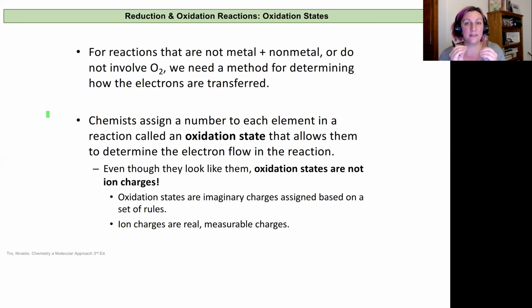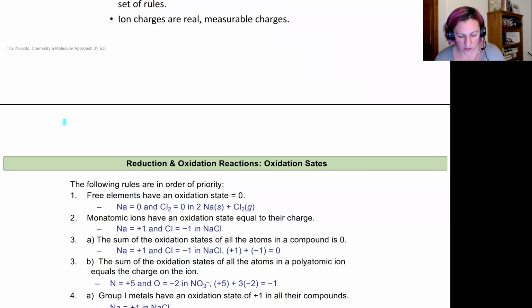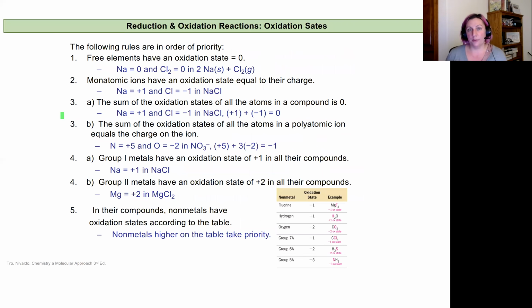Now remember, these are imaginary charges that we're going to use based on an algorithm, a set of rules that you're going to apply exactly as the rules state. They're not real, they're not measurable charges, but they will bring us to the right answer each time. So here are the rules, and this looks like a lot, but a lot of these are really intuitive already. So first of all, any element in its elemental state will have an oxidation state of 0, like just sodium metal has a charge of 0, it now also has an oxidation state of 0.